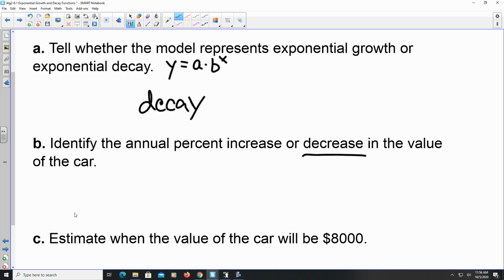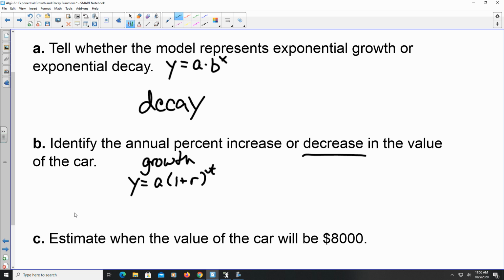There are two formulas that we are going to look at for our exponential models. The first one, for growth, is y equals a times the quantity 1 plus r raised to the t power.